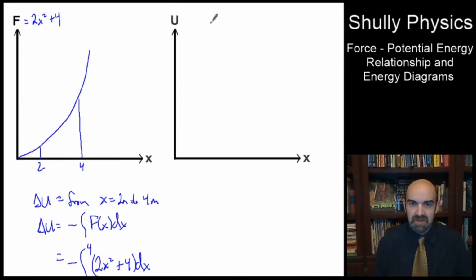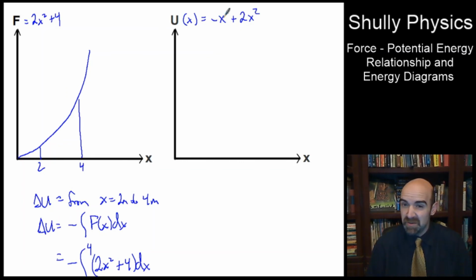What about if we have a U of x? Let's make it a little bit different here. All right, that's our function. Again, it's going to be an upward facing quadratic with this negative x plus 2x squared.